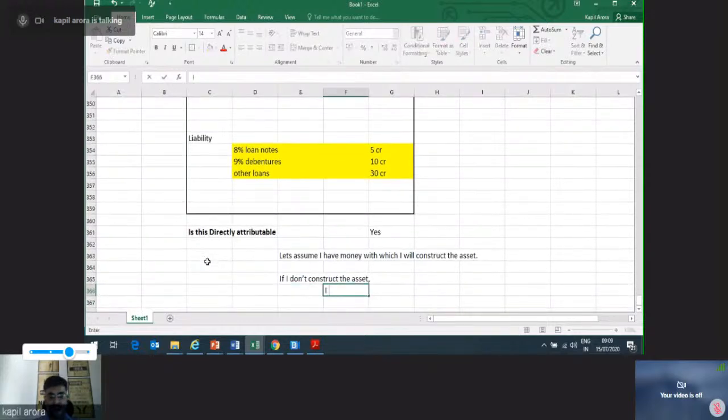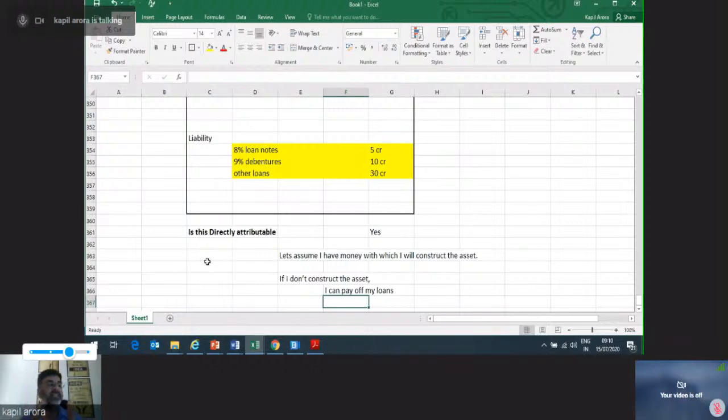I can pay off my loans. It means I can save the borrowing cost for the company. If I can save the borrowing cost for the company if I don't construct the asset, it means the borrowing cost which I am incurring now is actually directly attributable.